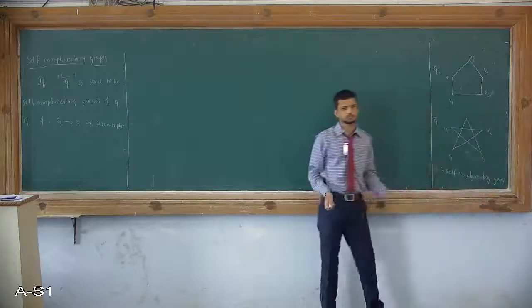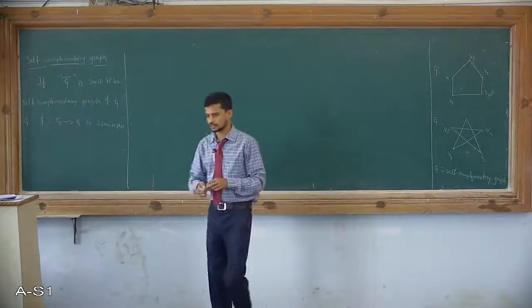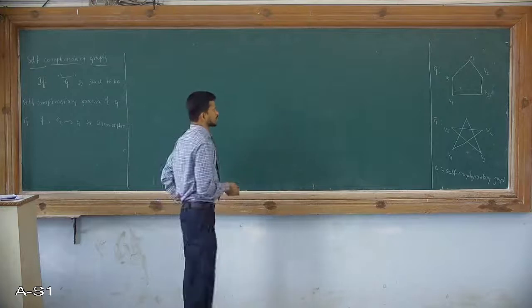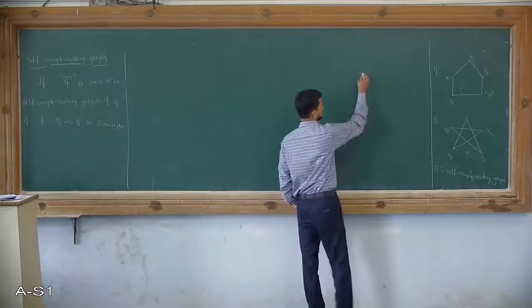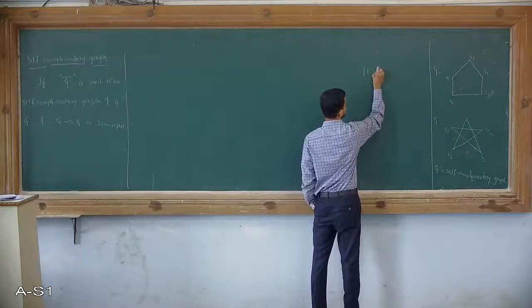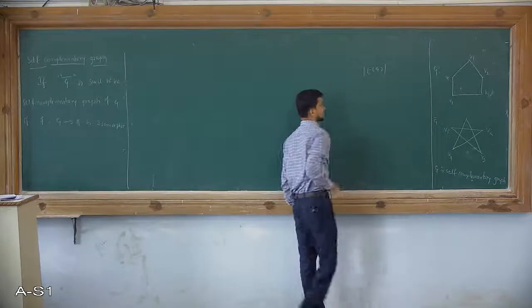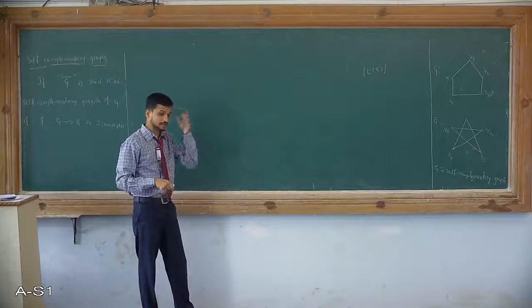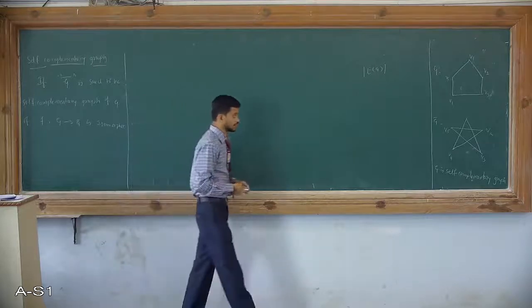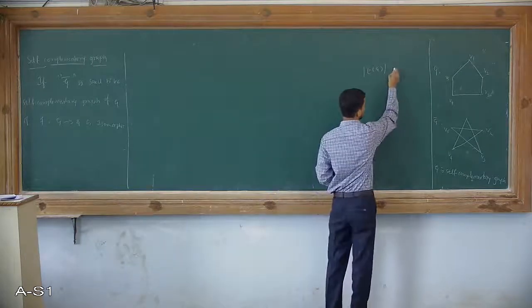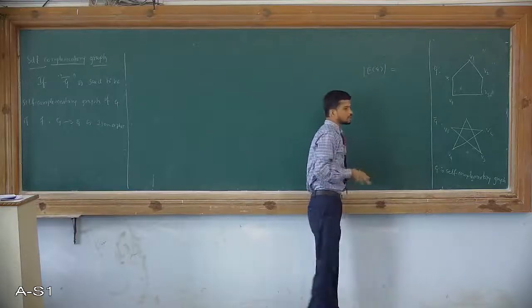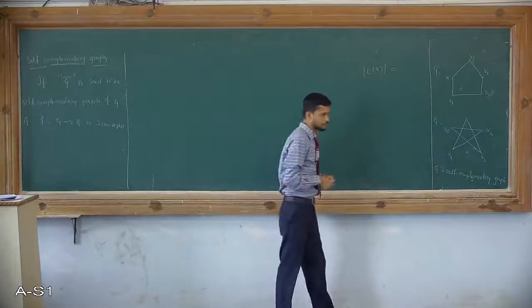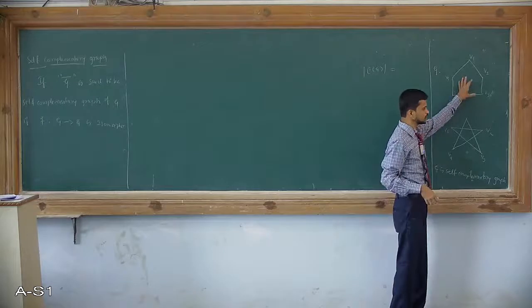Now, observe the cardinality of the edge set of graph G, not the cardinality of the graph. Here cardinality means the number of edges present in graph G. How many edges are there in graph G?